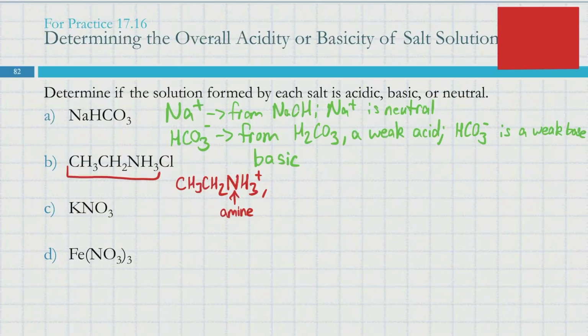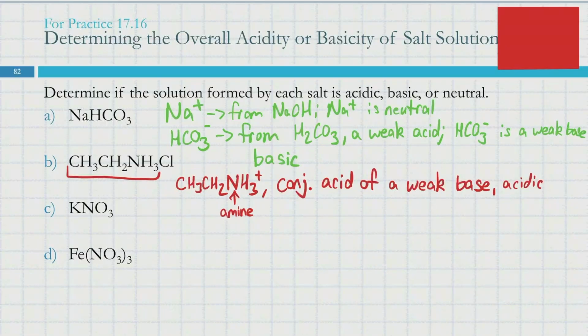It would have picked up that H plus from an acid, so it's a weak base. This is a conjugate acid of a weak base. So that's going to be slightly acidic. It can lose an H plus to go back to being ethylamine.